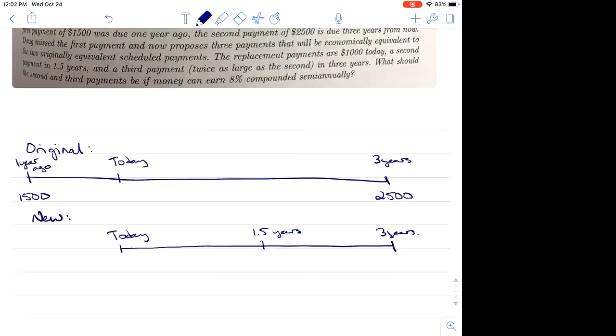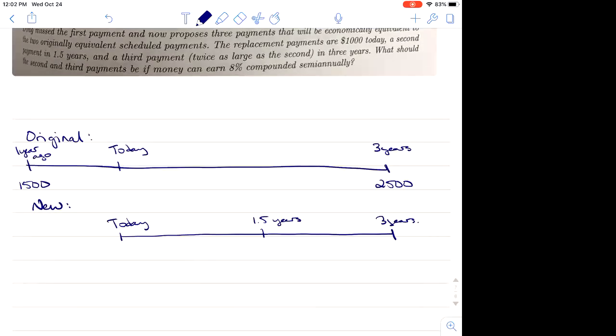I can put the amounts on here: $1,000 today, and a second payment in 1.5 years, and a third payment twice as large as the second. So we don't know what the second payment amount is. So how we tackle that is we just use X, because then the third payment is twice as large as the second, right? So we're just going to use 2X. Nice. Okay. So now we can put these all together on the timeline, right?